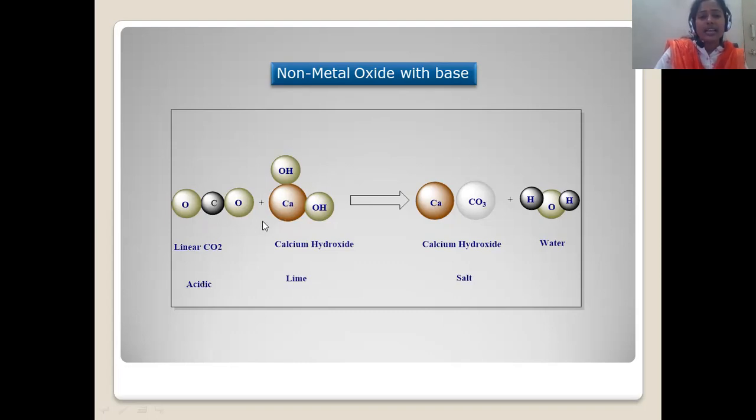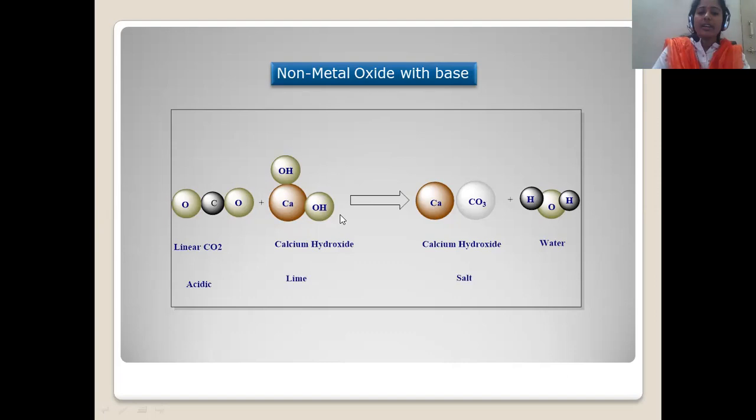That's why we can say it is a kind of neutralization reaction. Again we will get calcium carbonate and water. It is able to give calcium carbonate and water. Again, it is a kind of neutralization reaction, right?